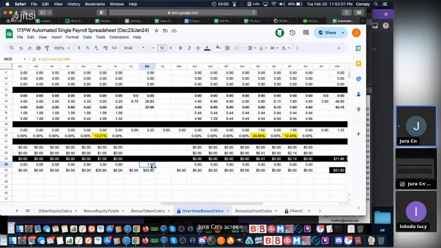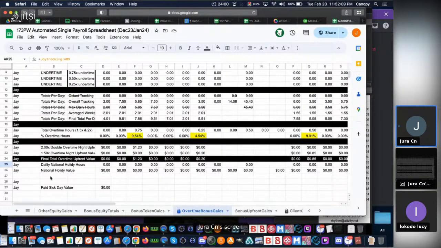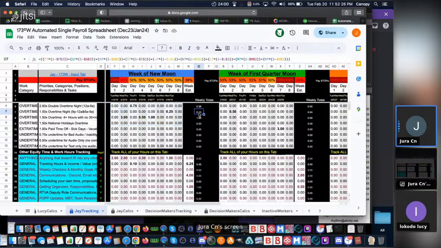Oh, I see what happens here. I think I got it. So when you're doing the total calculation of all of the hours for the month, it's already taking into account the pay stop, because you come in here, to the hours tracking, the pay stop totals already take in the accounting of the pay stop.